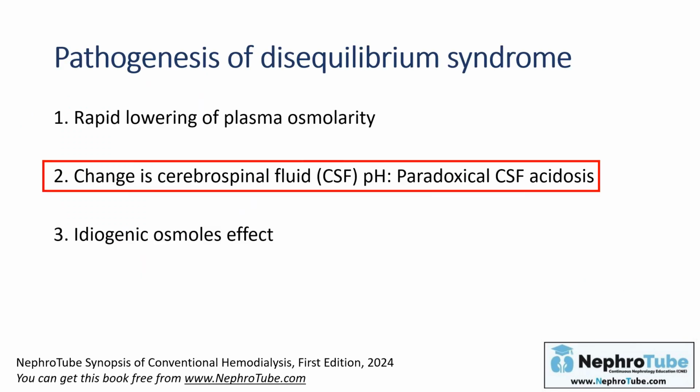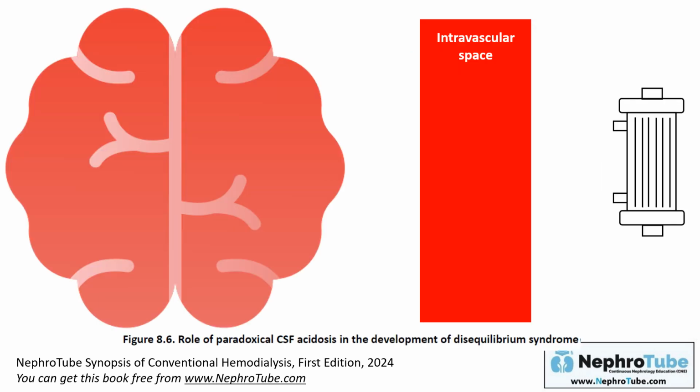The second explanation of disequilibrium syndrome is the change in cerebrospinal fluid pH, which is called paradoxical CSF acidosis. In this case, what is happening? If we are dialyzing the patient aggressively, there is a high and rapid bicarbonate diffusion from the dialysate to the patient's blood during hemodialysis.